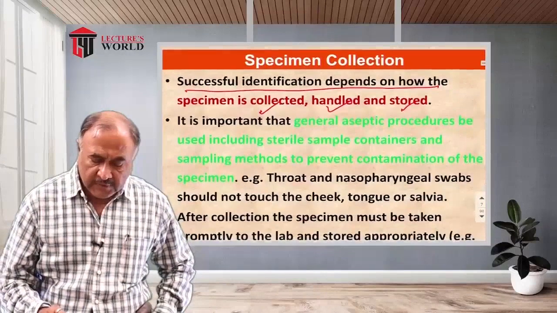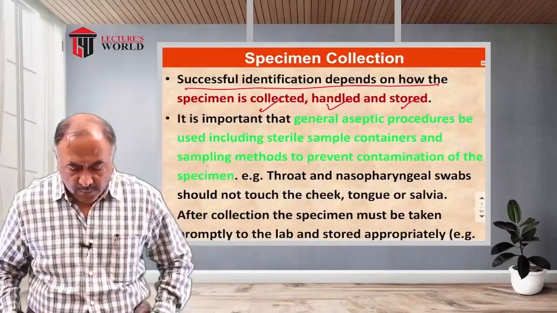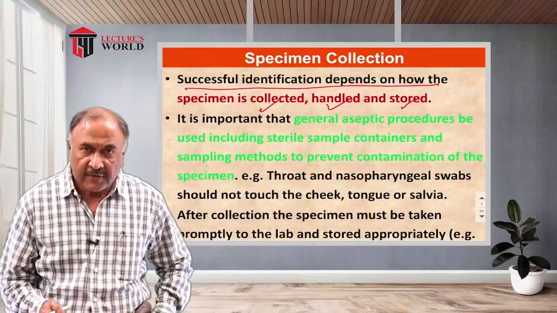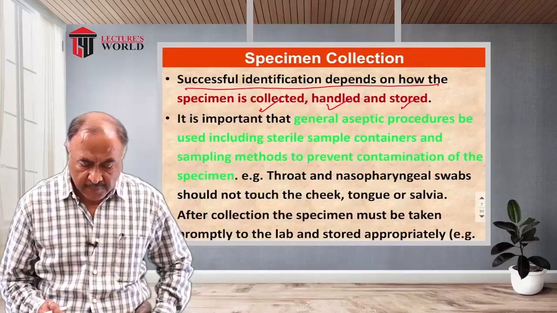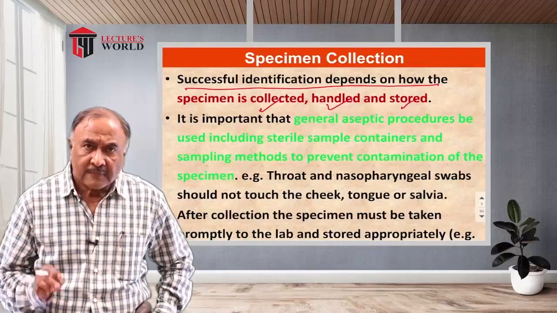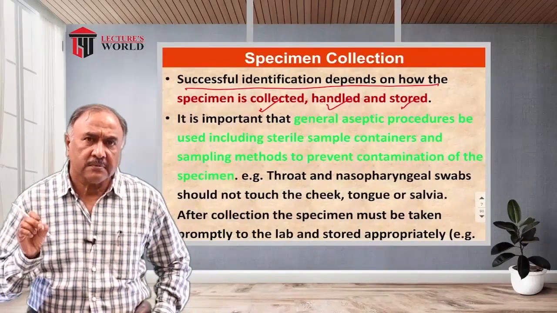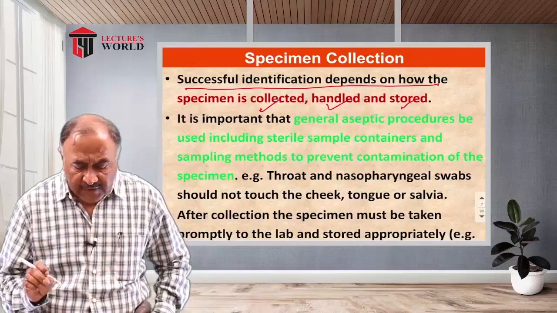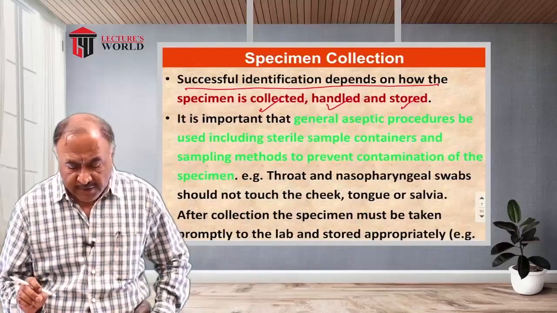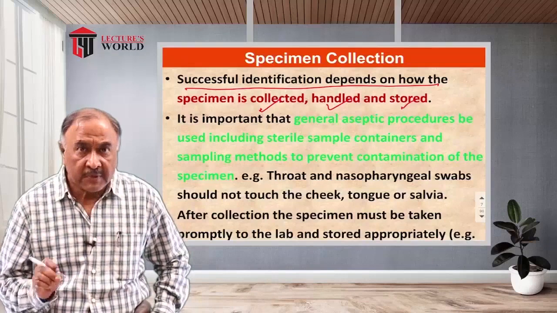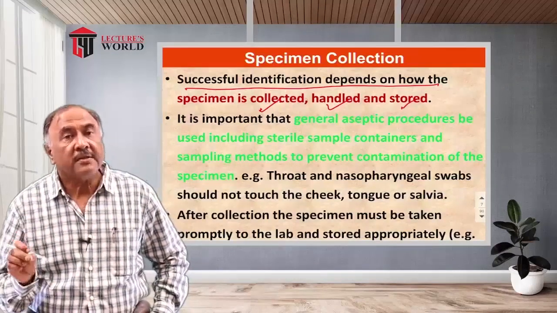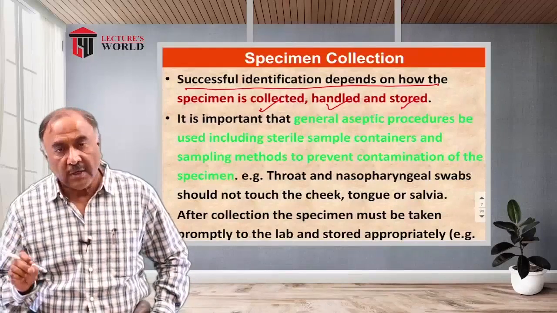Now let us discuss each and every step properly. First, specimen collection. As told earlier, I am repeating here that successful identification depends on how the specimen is collected, handled, stored and transported to the laboratory.